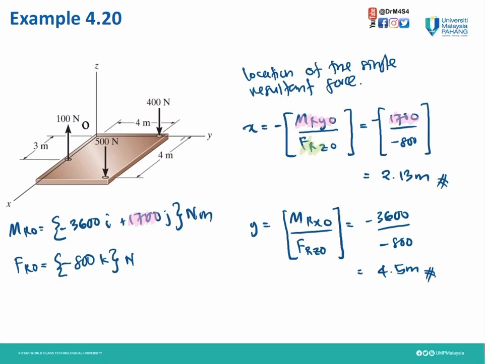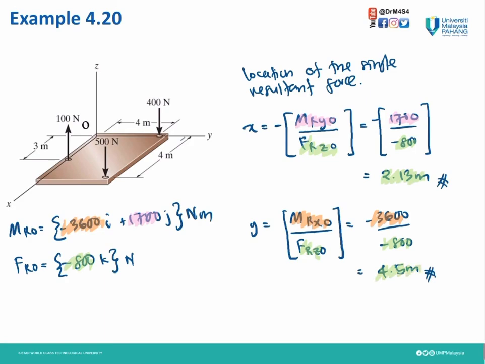For FRZ, Z is K, so negative 800. So we get the location on X is 2.13 meter. Then for Y is MRX. So our MRX, X is I, so negative 3600. Then our FRZ is negative 800. Therefore, our Y is 4.5.